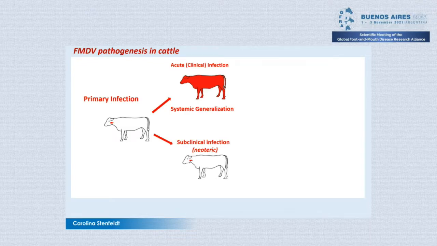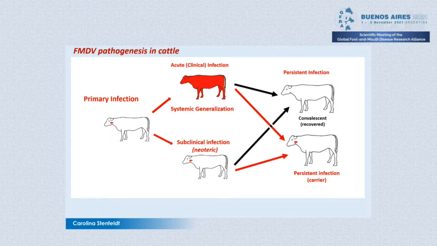And the reason that we call it by that name is to differentiate it from what comes later on in a subset of animals, which is the persistent phase of infection, during which the virus is also restricted to the upper respiratory tract.